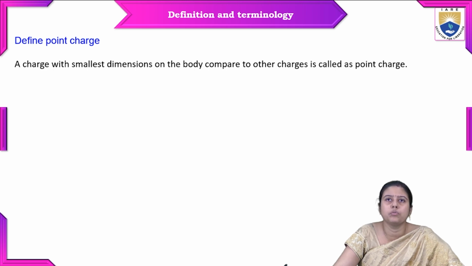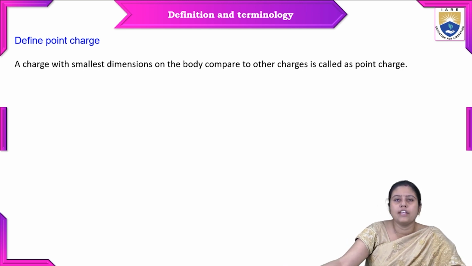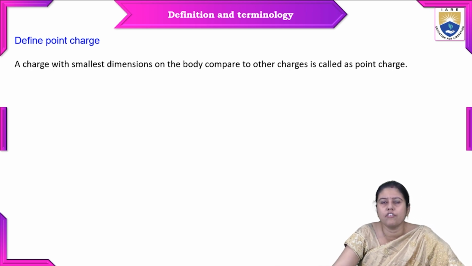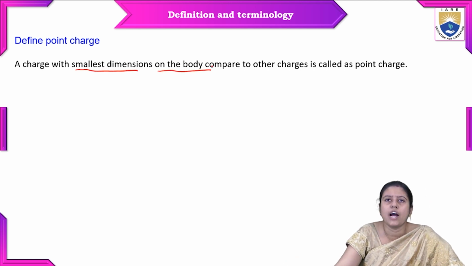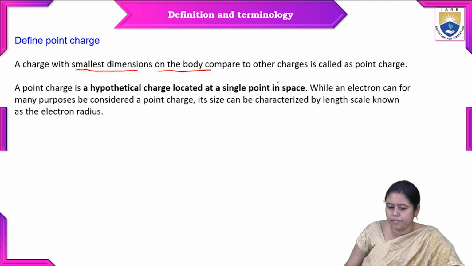A charge with the smallest dimension on the body compared to the other charges is called the point charge. Actually, there is not any formal definition of the point charge.